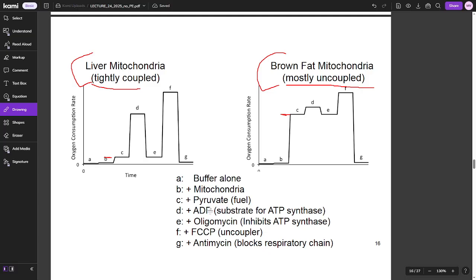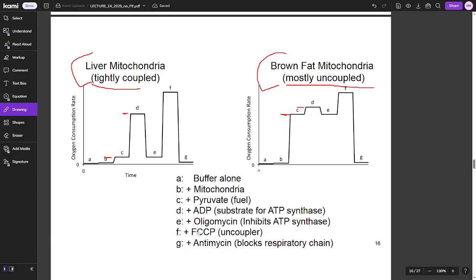When you add the substrate for ATP synthase, you can see it still produces ATP, but not as much. And then if you add oligomycin and inhibit it, you're still having a lot of oxygen consumption, because UCP1 is still functioning. UCP1 is still dissipating the proton gradient to generate heat.